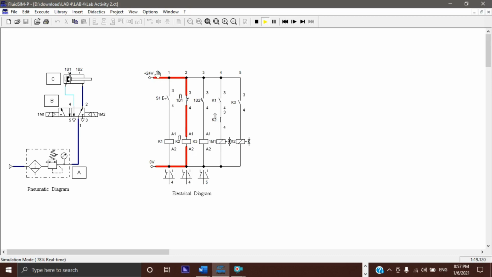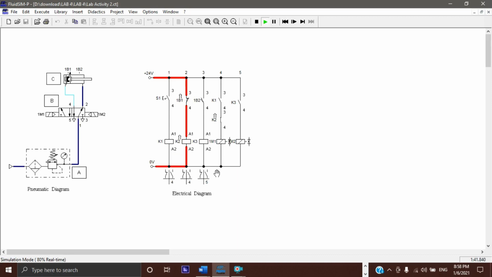If you look, this is the red line, which we call the perfect current flow. When we push the S1 button, the current flow will alternately change from this to this. If you look, this is the perfect current flow, and this one is not a perfect current flow.